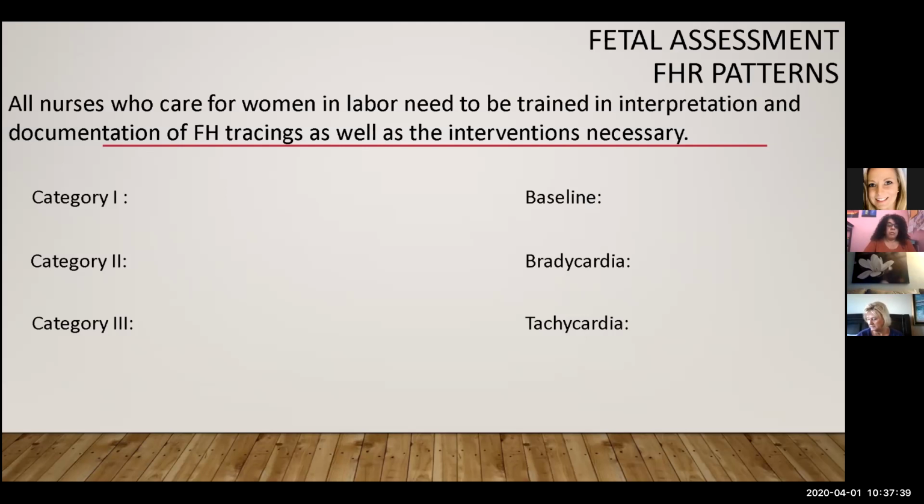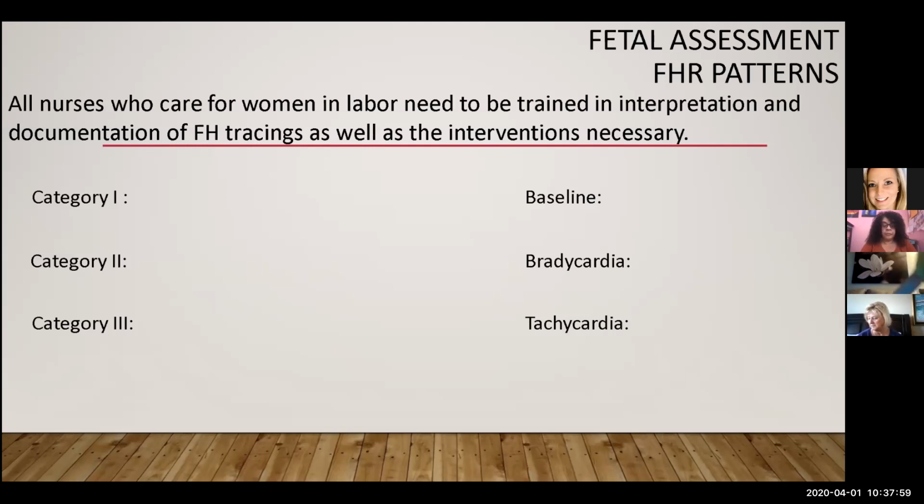But fetal tachycardia, so moving along. Fetal tachycardia is when the fetal heart rate is greater than 160 beats per minute and lasts for 10 minutes or longer. So 10 minutes or longer for bradycardia or tachycardia. It can be an early compensatory response to asphyxia.